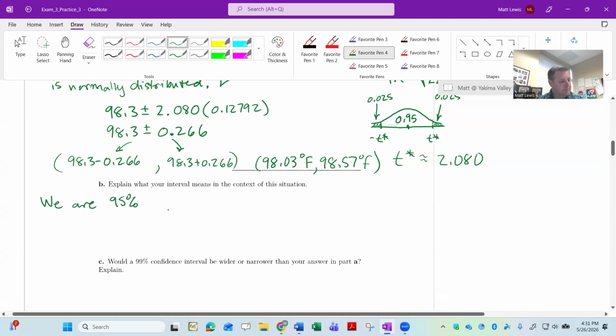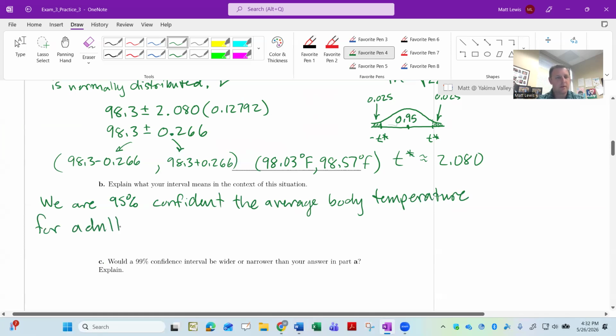We're 95% sure that the average body temperature for adults is between 98.03 degrees and 98.57 degrees.